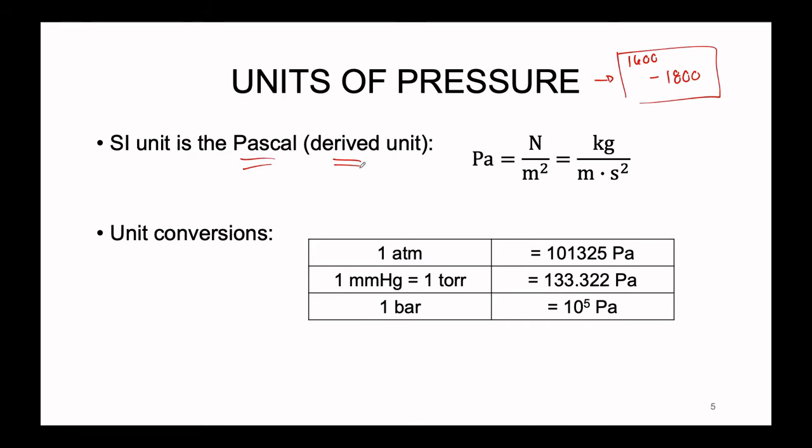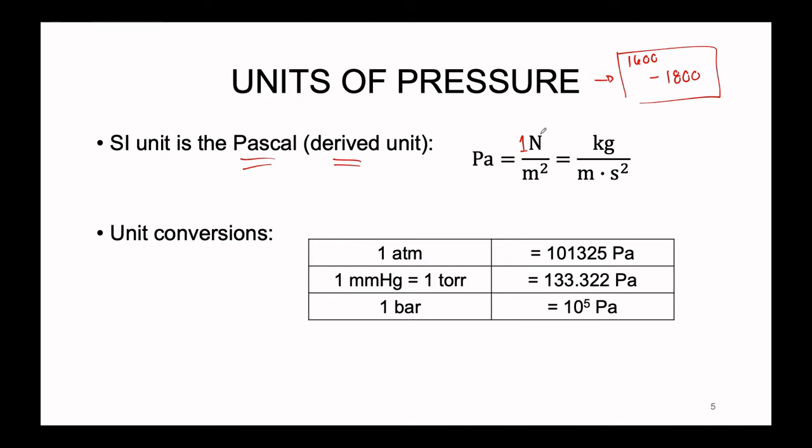It's not one of those 7 fundamental units that we introduced in the fall, which include time, length, the candela, those types of fundamental units that can't be broken down anymore. The Pascal is a derived unit, which means it is comprised of other units. The Pascal is technically defined as 1 Newton divided by meters squared.